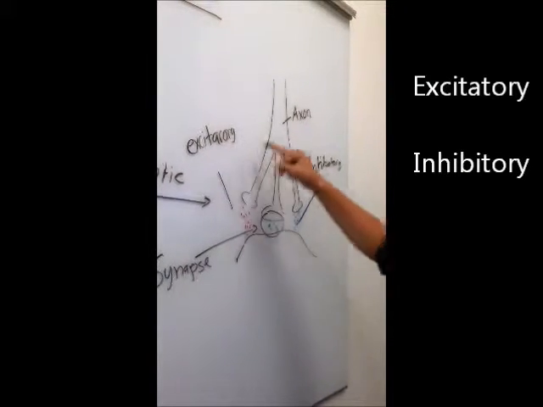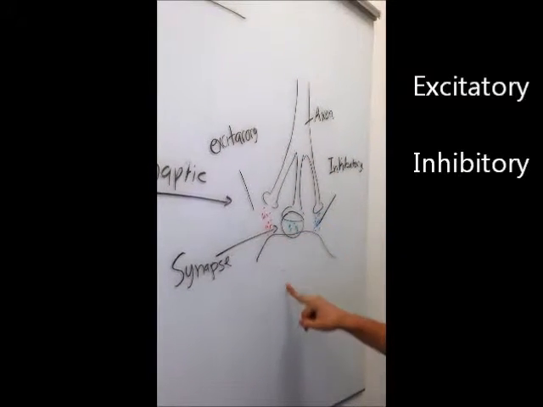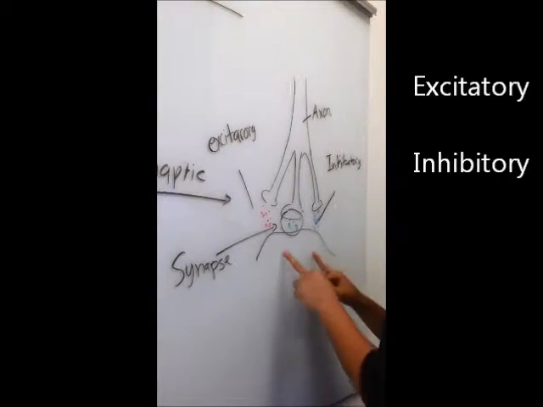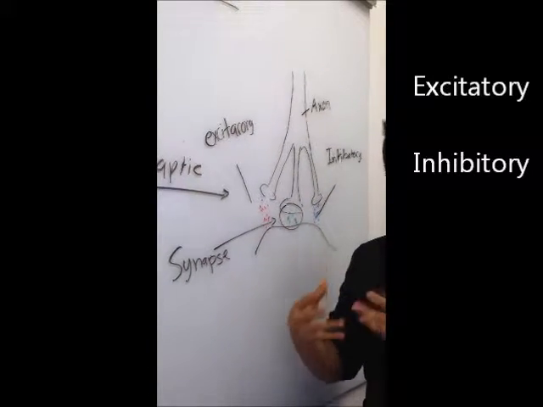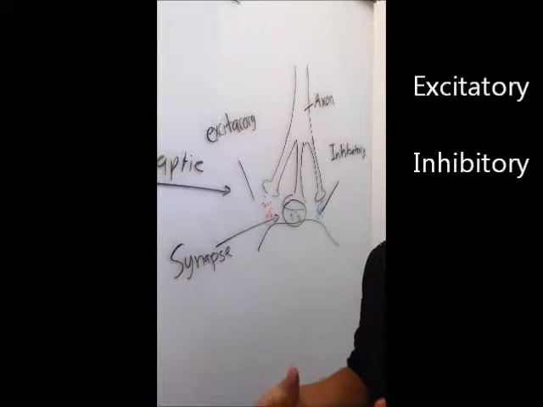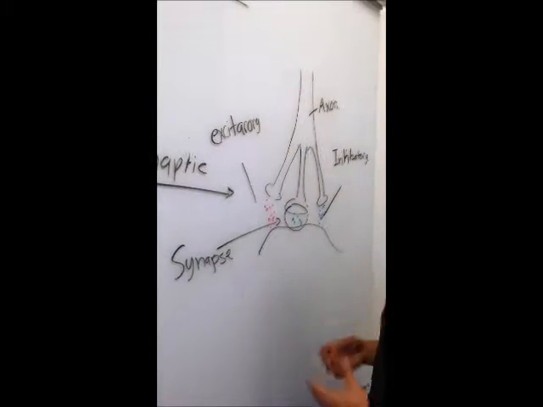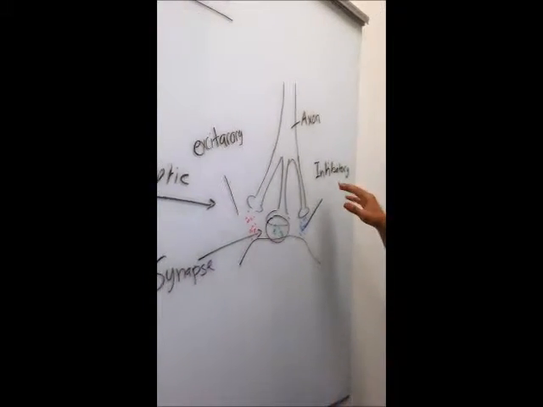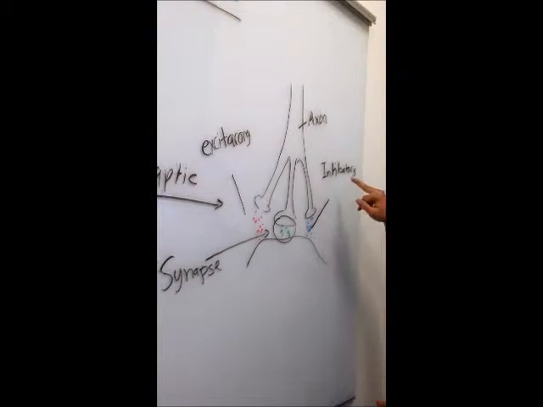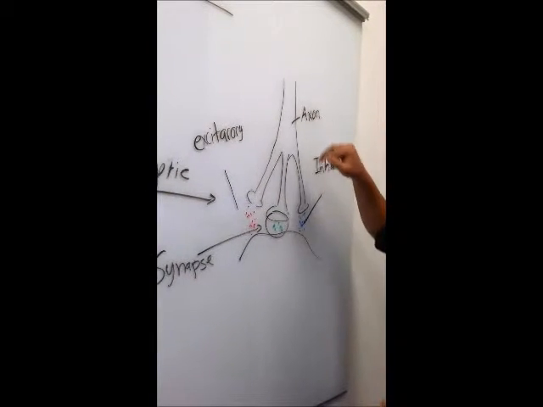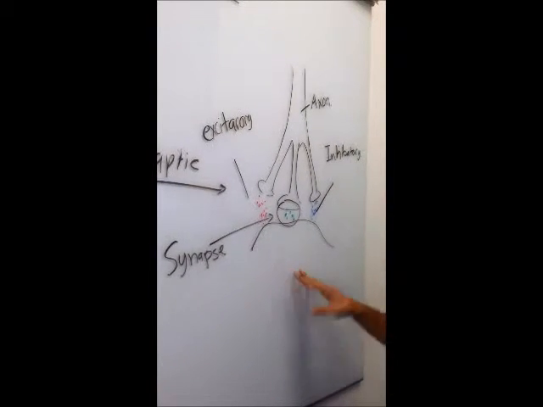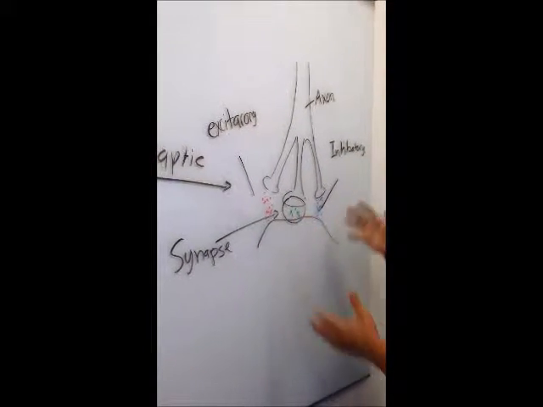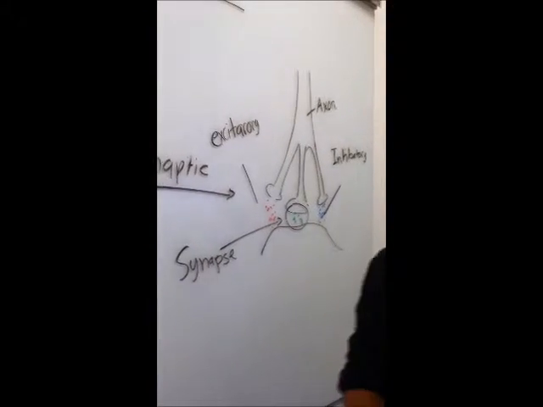So in the excitatory, you have the neurotransmitters that are going to come down here into the connection into the synapse, and it's going to send the neurotransmitter down, which are most likely to have a reaction. So it's probably going to do an action potential, and you're going to send a signal. And then on the other side here we have, in the blue, inhibitory neurotransmitters. So it's going to send them down, and it's probably not going to send a signal. So when you have more excitatory than inhibitory, you're probably going to send a signal.